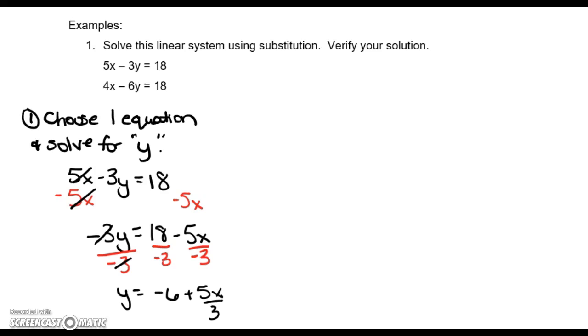Now we know that y is equal to negative 6 plus 5x over 3. In our second equation, these y's mean the same thing, so we're going to plug in this right-hand side for y in our second equation. So substitute y.